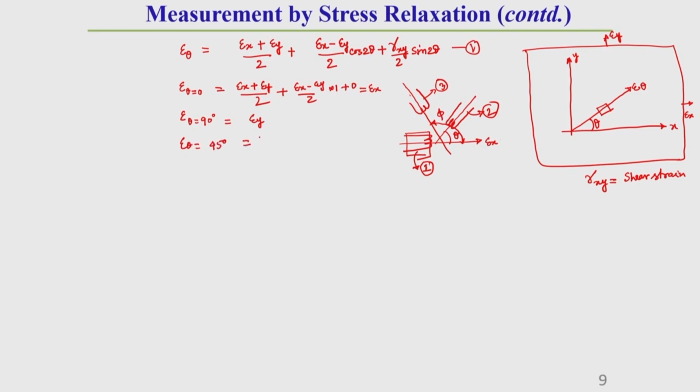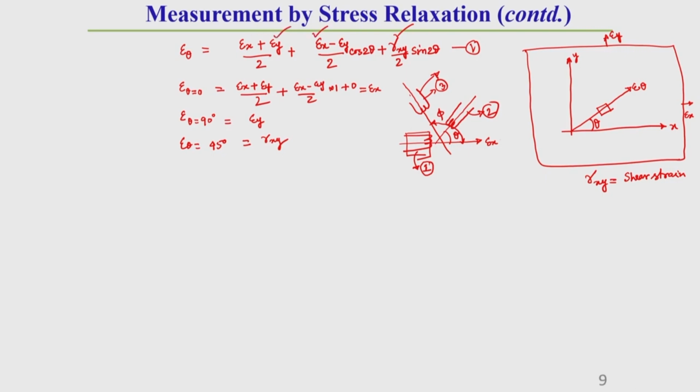If we put all these values into this relationship, we can easily measure gamma xy, that means the shear strain component. The strain gauge will give you some value at 45 degrees, and that value is known to us. By putting it here we can find the 3 unknowns gamma xy, epsilon x and epsilon y.